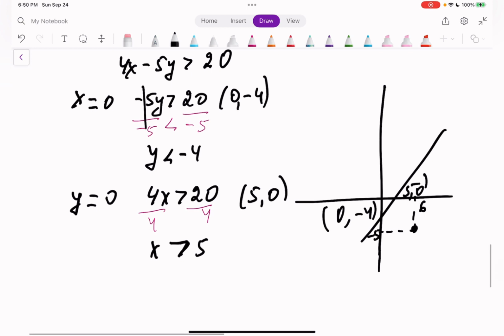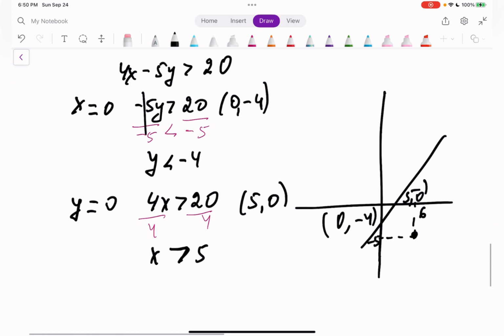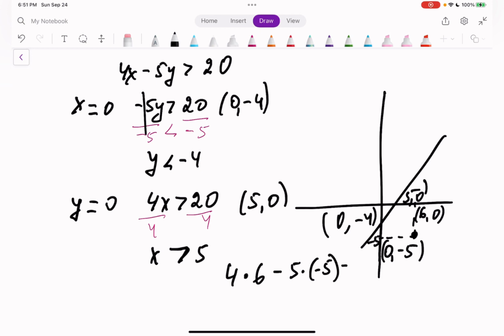Let's see if it's going to be true or not. So 4 times x means it's going to be 4 times 6, because I get here 6, 0, right? It's x. And negative 5 is y. 4 times 6 minus 5 times y, negative 5, and it's greater than 20.